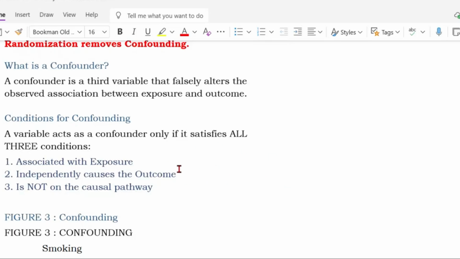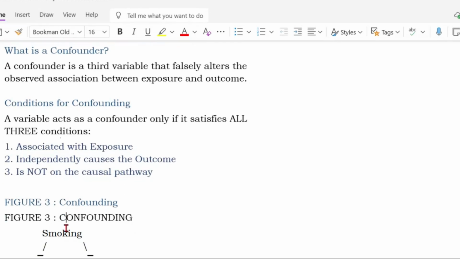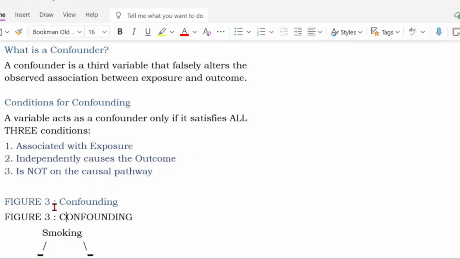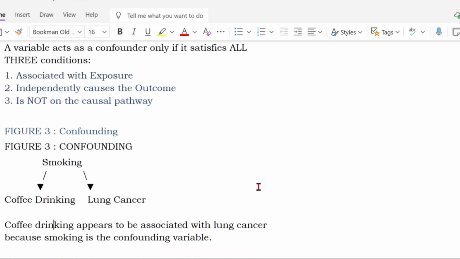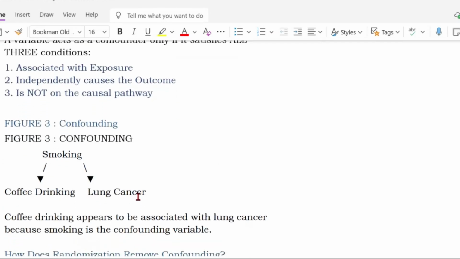So this should be a different entity which is directly linked to the outcome also. It should not be exposure leading to outcome through one factor. Then that cannot be considered a confounding factor. The confounder has to be independently causing the outcome. For example, smoking causes lung cancer.